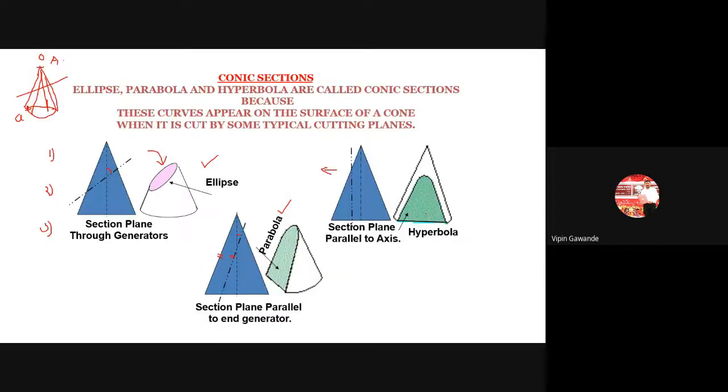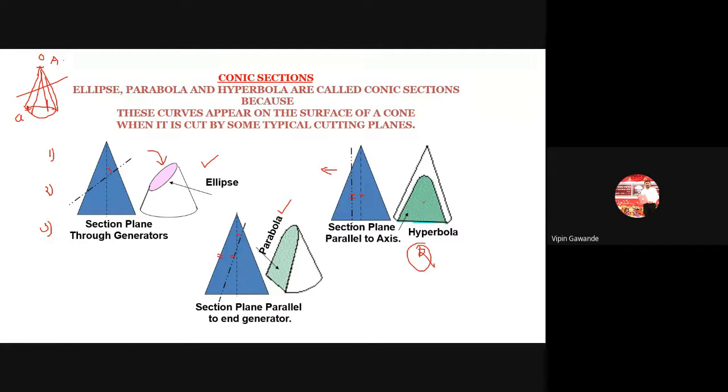So this is the condition for the rectangular hyperbola: when the cutting plane is parallel to the axis on one side, cutting the cone on one side. In that case, we get the rectangular hyperbola.